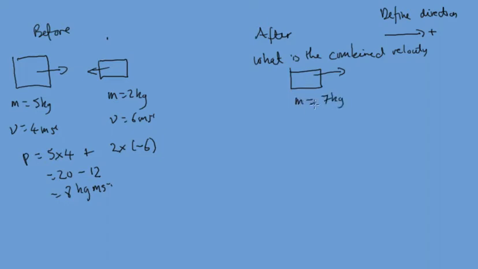I've drawn it as one kind of lump. We know that the momentum must be 8 because p equals mv. The mass is now 7 and we want to find out v. v would be 1.14 meters per second. And because of the maths here, we know it's moving in this direction, it's not going backwards.